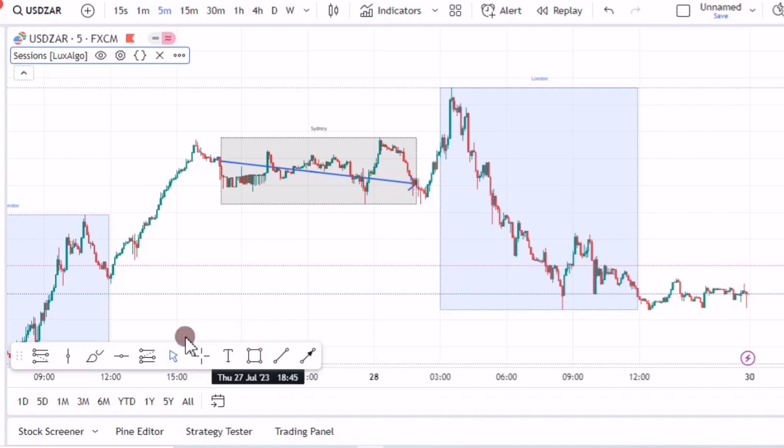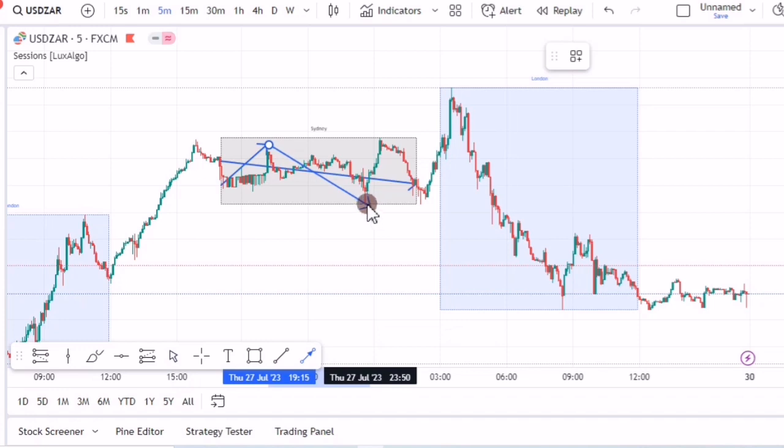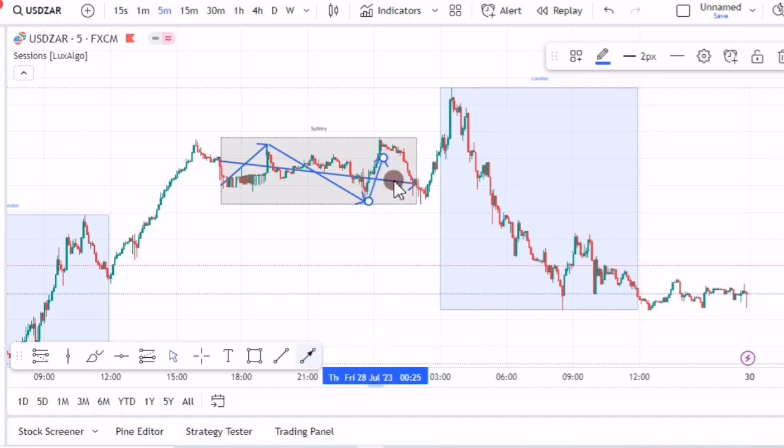But if you take a close look, you know that price might start by spiking upwards and then it will drop, and then it will spike upwards again, and then it is going to drop.